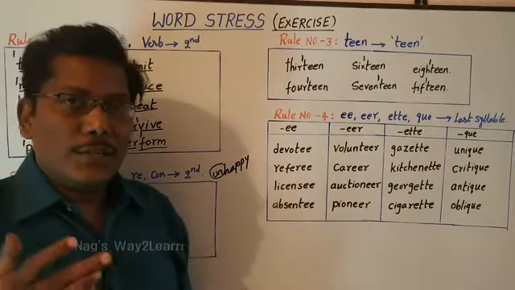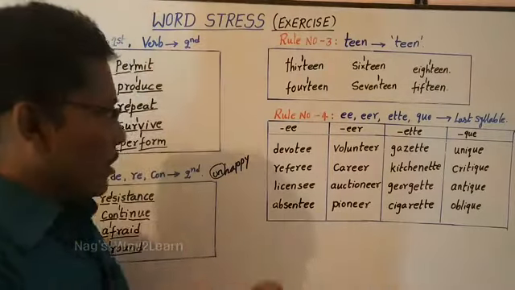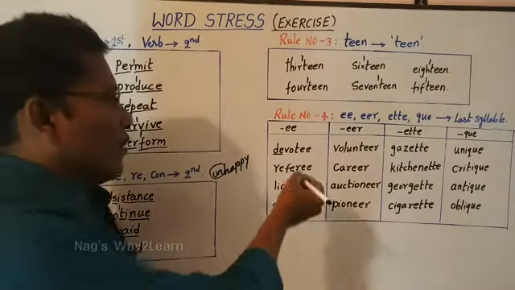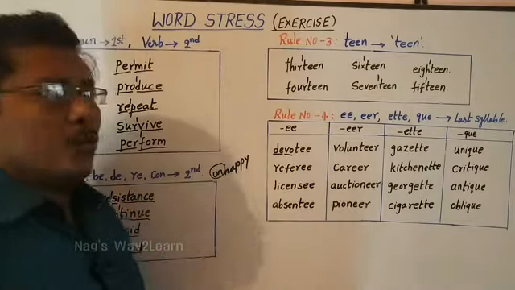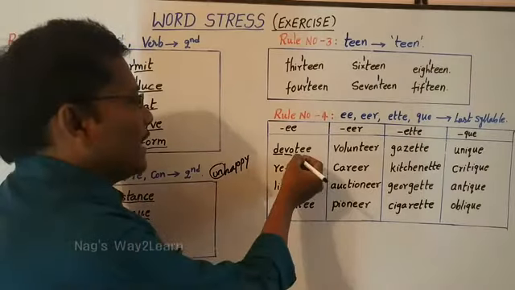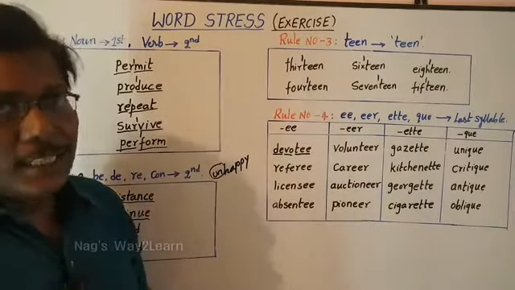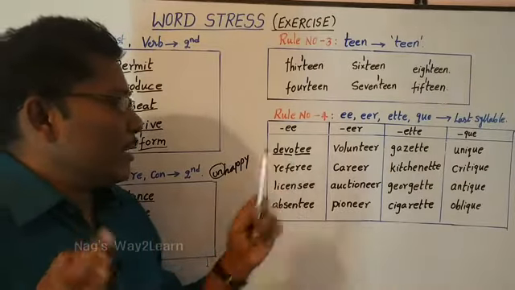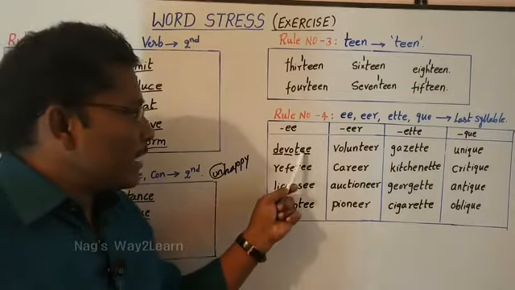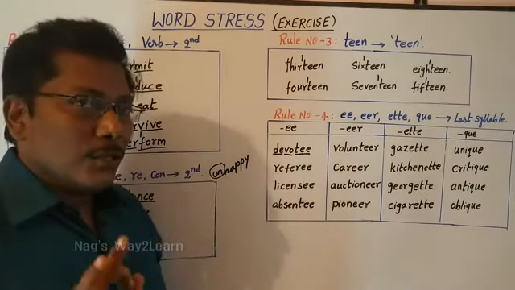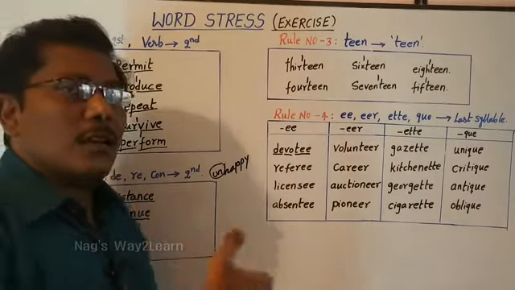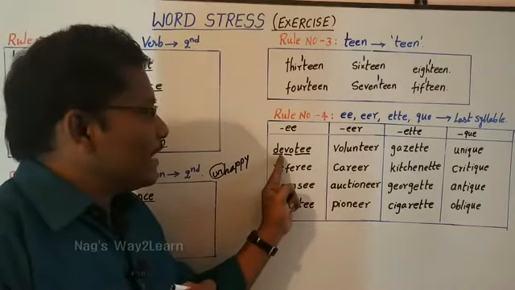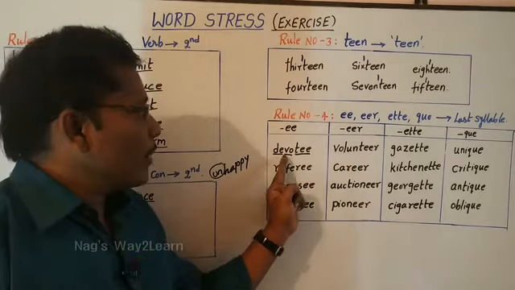So, what is the word? Devotee. Devotee. So, what are the syllables here? De, vo, tee. So there are 3 syllables, and this word is ending with EE. So the stress should be on the last syllable. What is the last syllable here? De, this is the first syllable.